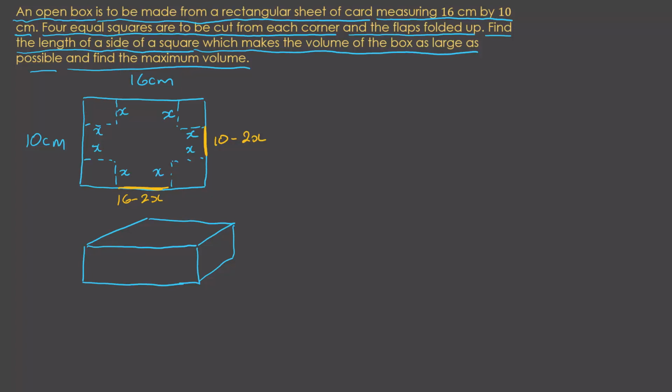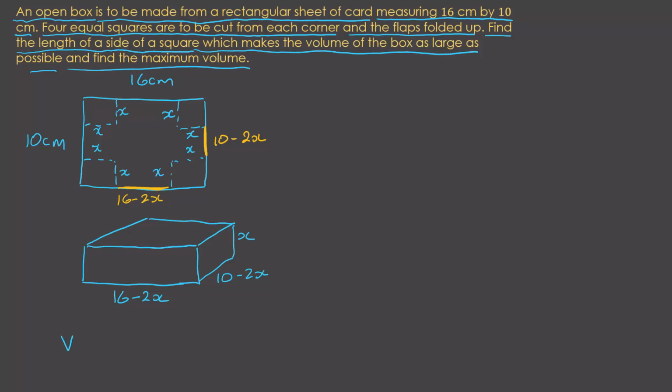And that means that when we fold up our box, we get a side here that's 16 minus 2x. This would be 10 minus 2x. And clearly, when you fold up, the height is going to be x.